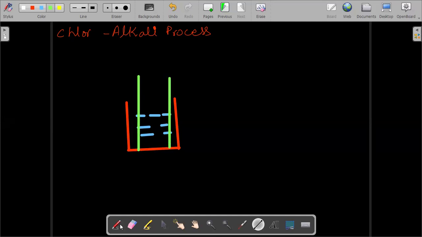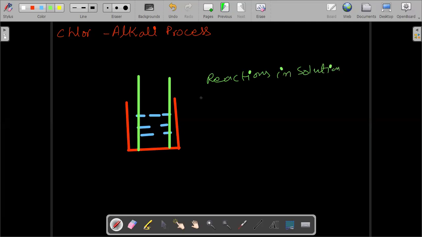Okay, all of you write down three things while I'm making this. First, you'll write down the reactions occurring in the solution.